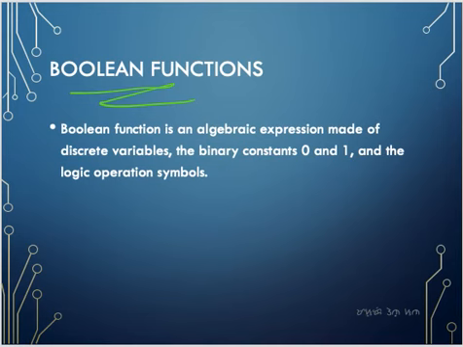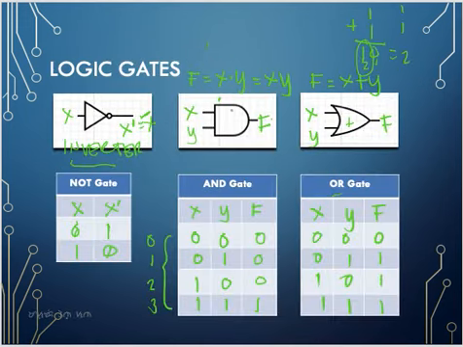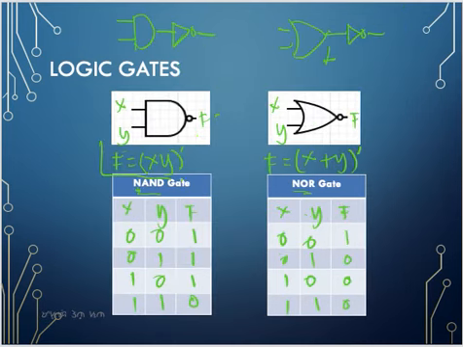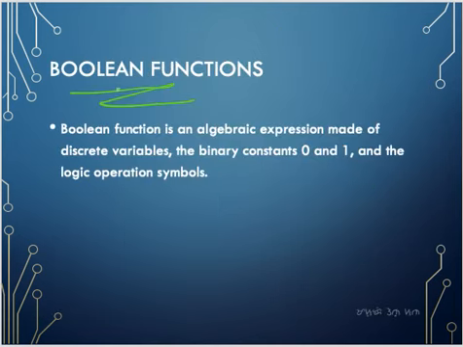Actually, na-encounter nyo na to kanina. Kung paano ko sinulat yung ito, yung mga logic gates natin dito. Okay. That's why ginamit ko dito ay F kasi yung F na yan, ang tinutukoy niyan ay function na siya. Okay? Yun na yun. So, example ng function ay, di ba, ano yan?